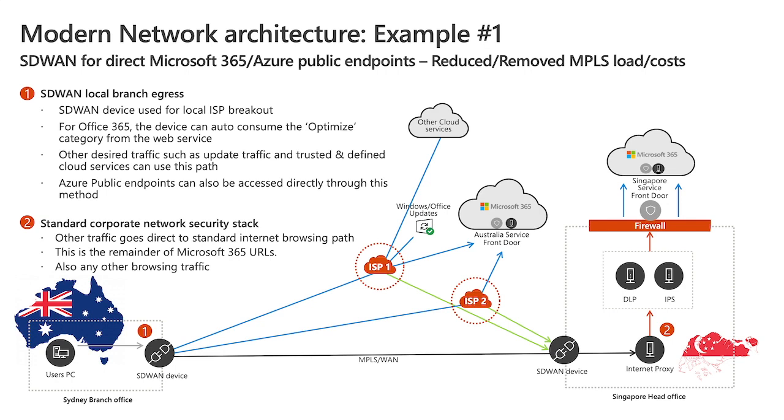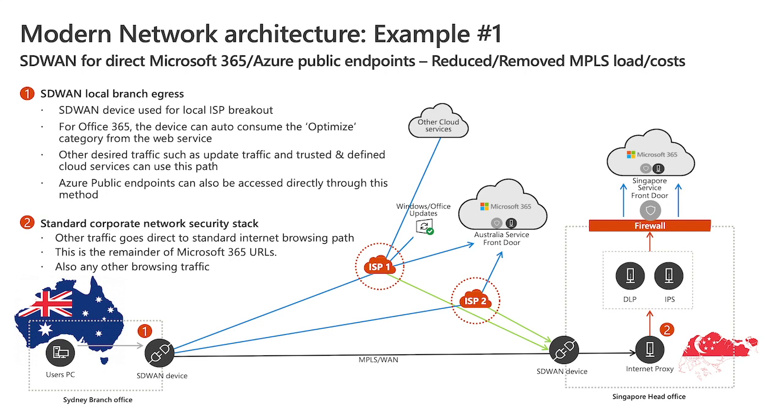So what we can do with this SD-WAN device is say, okay, let's read Microsoft's REST API service and pull that information in. And if we see connectivity going from a client to those optimized endpoints, we send them out of one of our 2 ISPs that are connected in here.